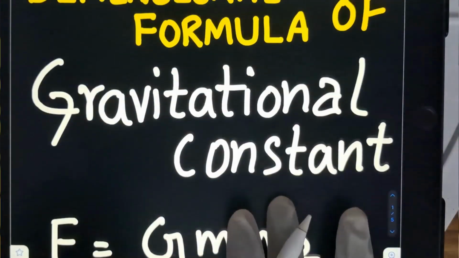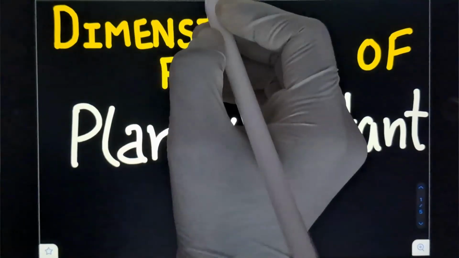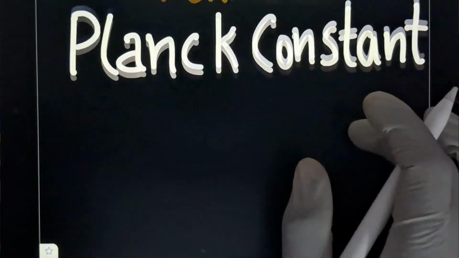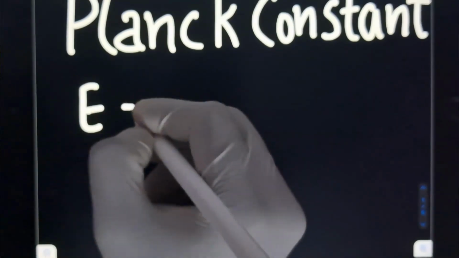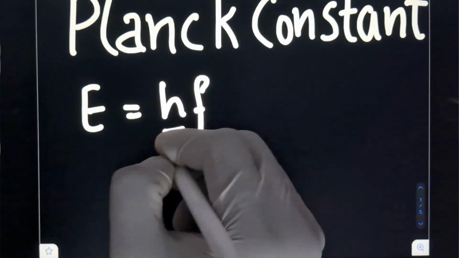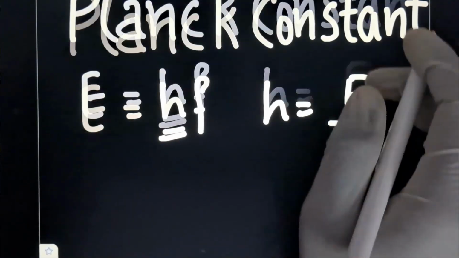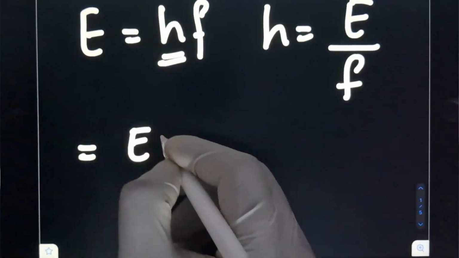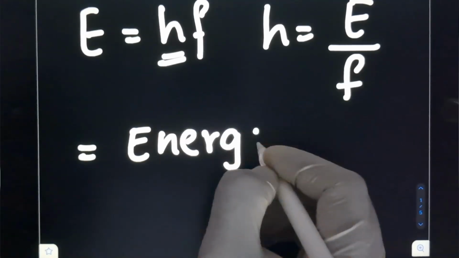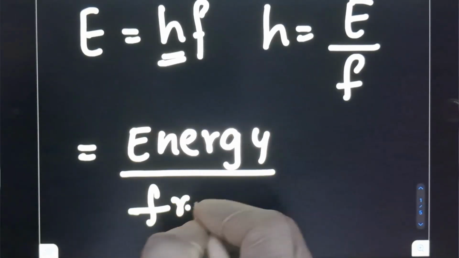To find the dimensional formula of Planck constant, E is equal to hf. Here h denotes Planck constant. On rearrangement h is equal to E by f. Here E denotes energy and f denotes frequency.